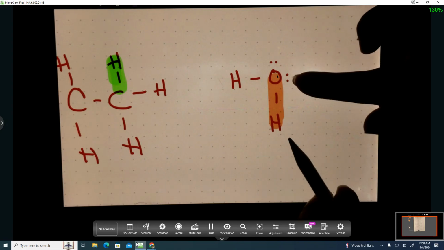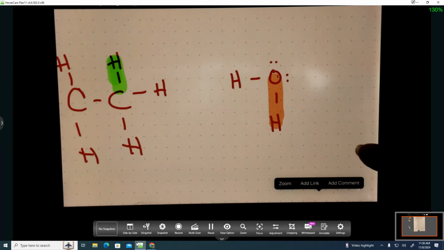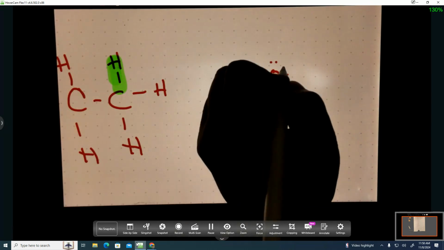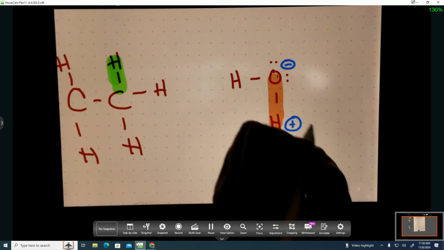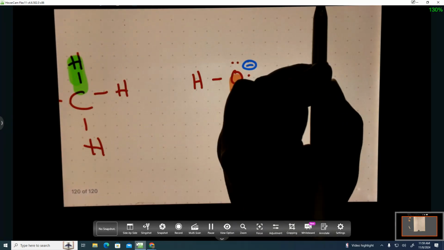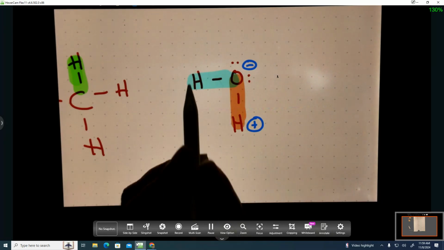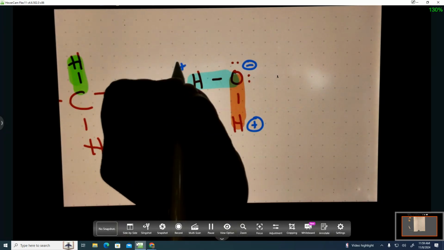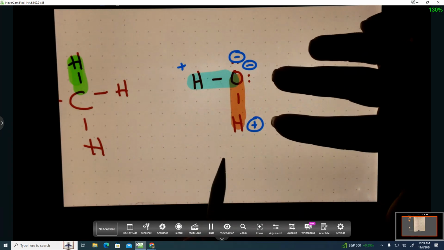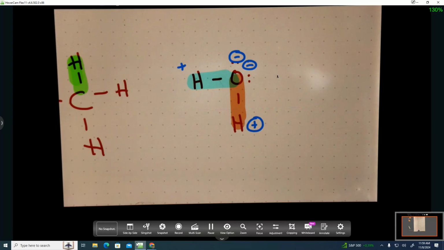It's different. Which side of that bond is negative and which side is positive? The oxygen is the negative side, and the hydrogen is the positive side. And then this bond, it's the same bond, same thing, right? The hydrogen's going to be the positive side, and the oxygen's going to be the negative side. So it's got two polar bonds within that molecule.